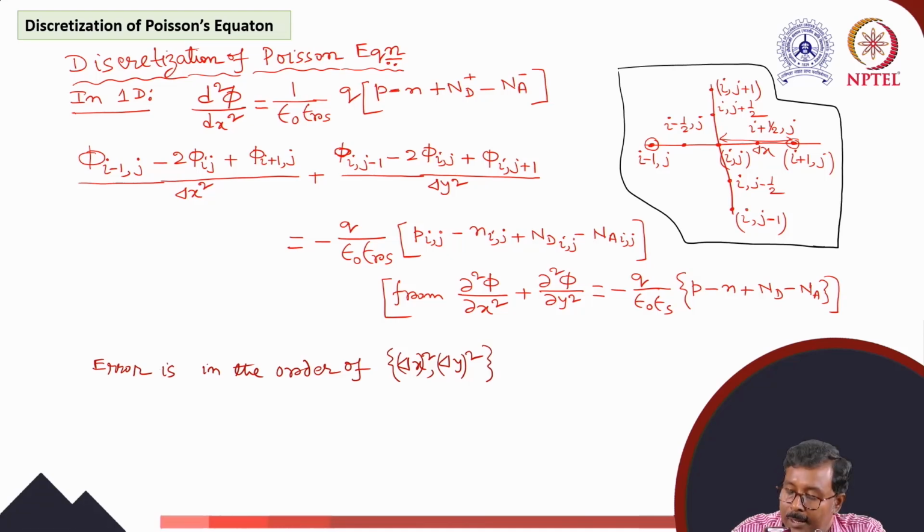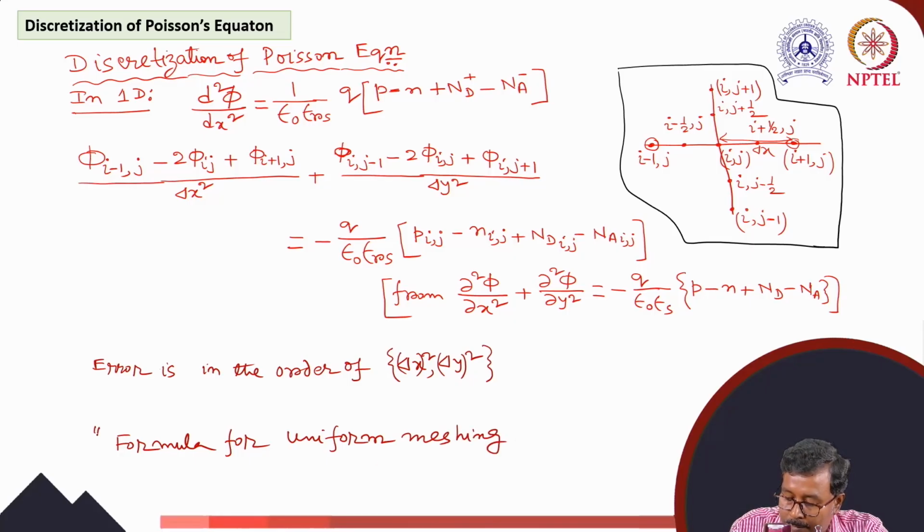And if we use the other form, that is for non-uniform meshing, here we have used the uniform meshing. This formula is for uniform meshing, and you can see the uniform meshing formula, we can write these things.